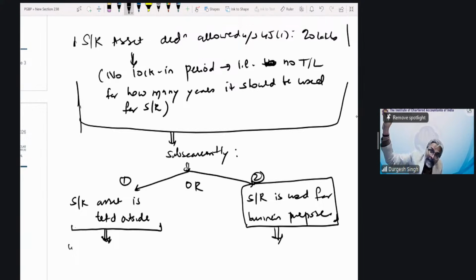It will go to enter into the block. And if it is going to be entered into the block, tell me, at what value is the asset going to be entered into the block? Quickly, students.